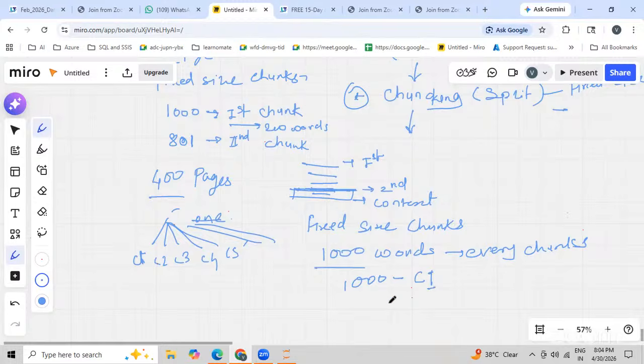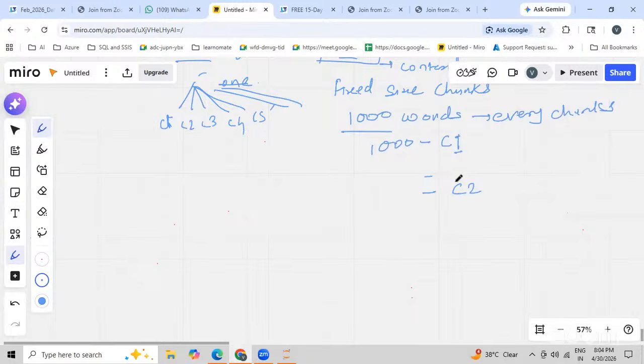At the time of the second chunk, it will not start from 1001. Why? Because if you start from 1001, there might be an issue: it is a huge piece of information, so some information is in the first 1000 words and some in the next.